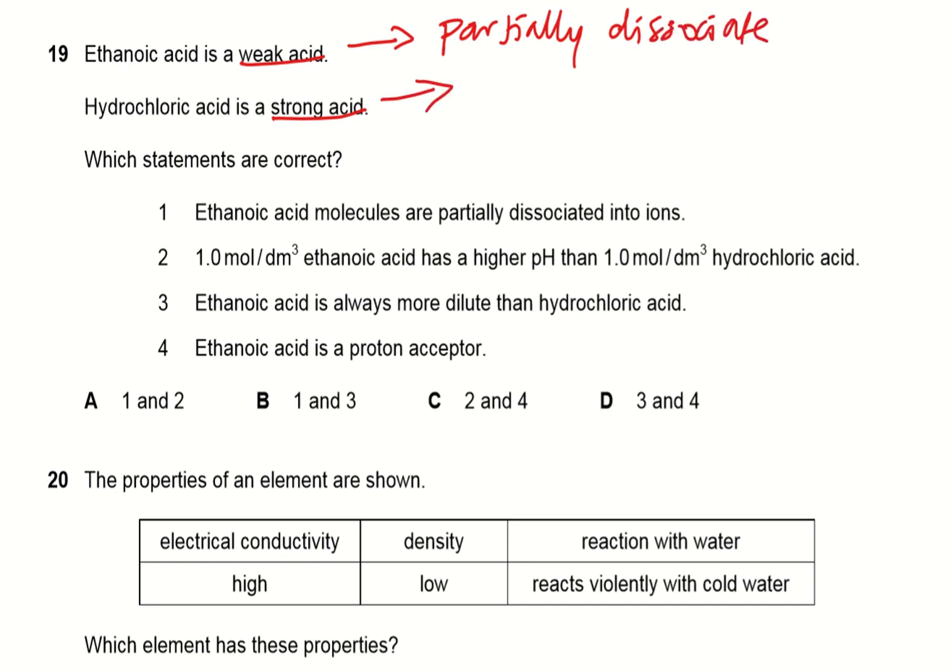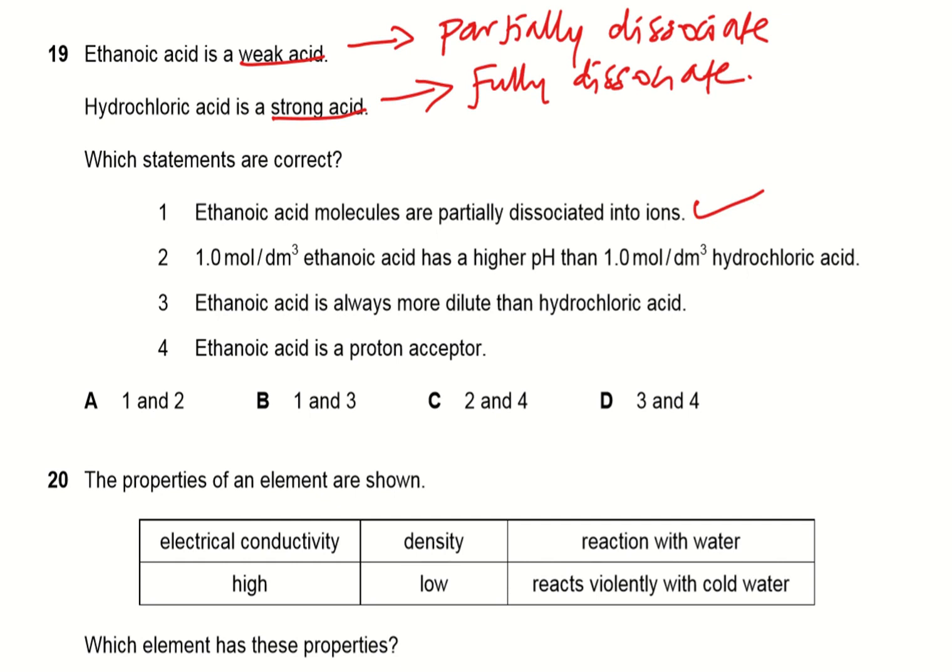Strong acids fully dissociate. So ethanoic acid molecules partially dissociate into ions. That seems correct, because it's a weak acid.